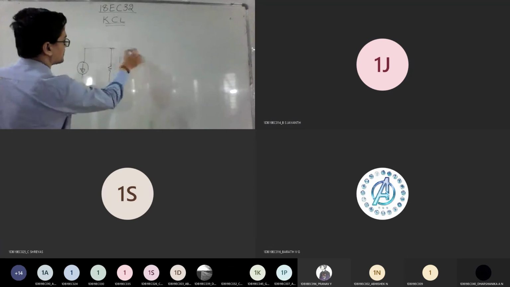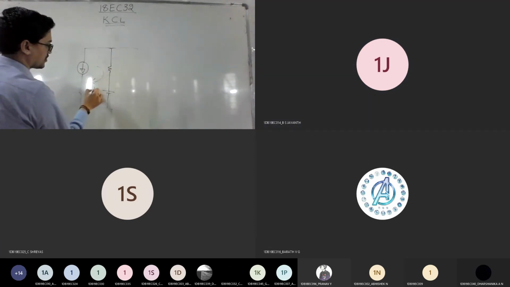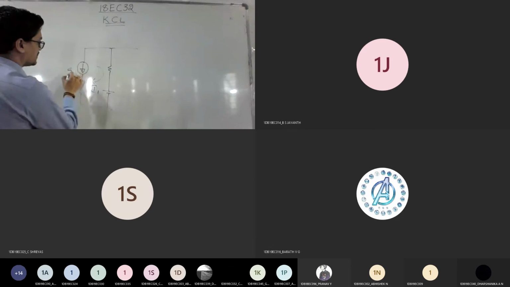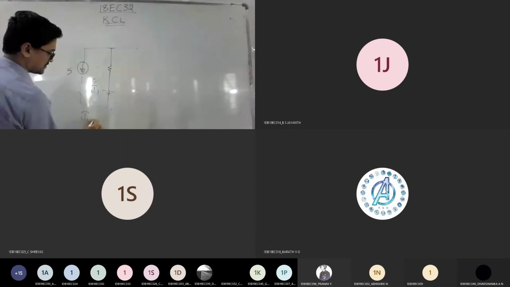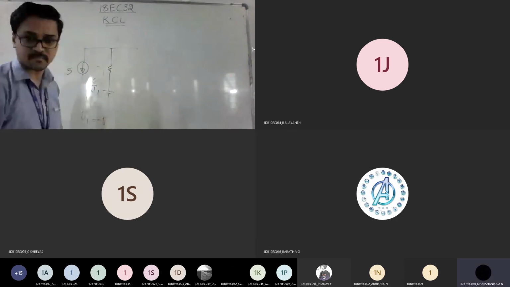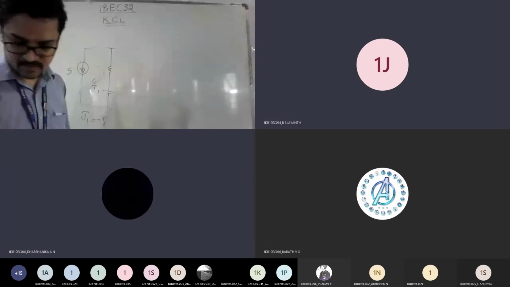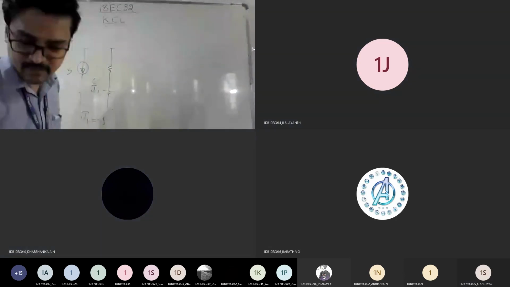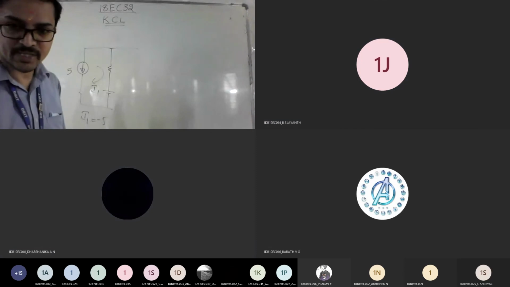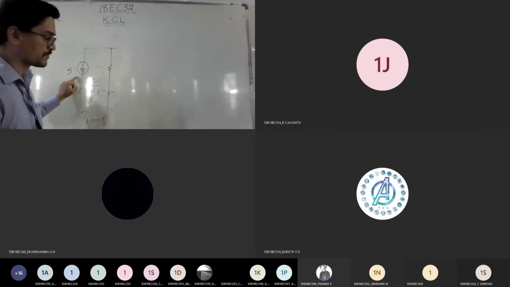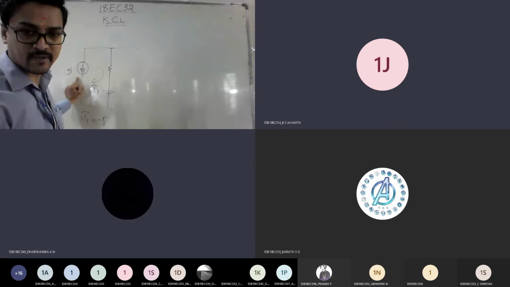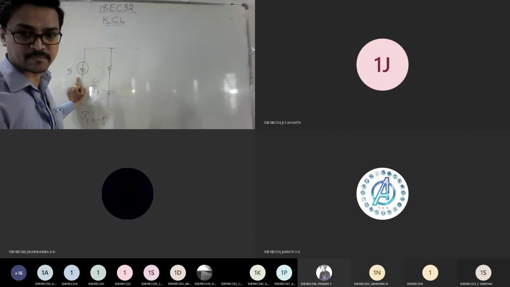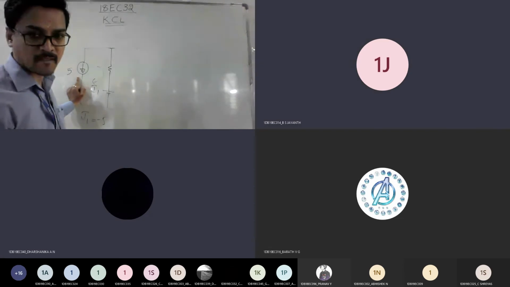In such kind of networks, if I assume clockwise direction, whatever the answer is there, that should be minus. The assumption we are making and what is given in the question are in opposite directions, right? So you just need to write I1 is equal to minus the given value. That's all. Got it, sir.